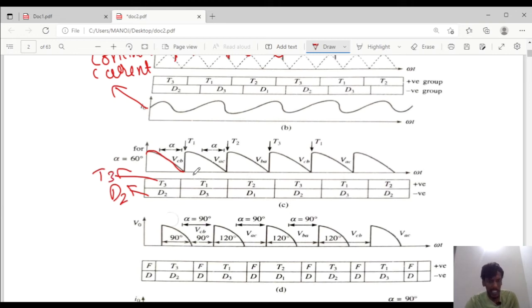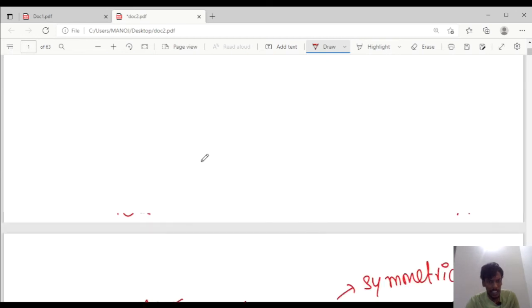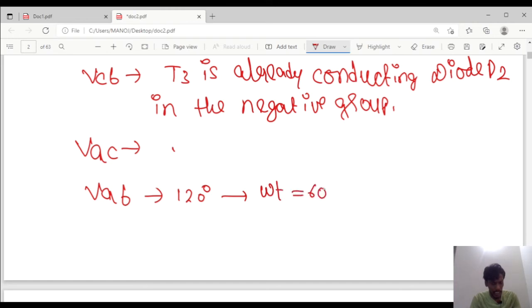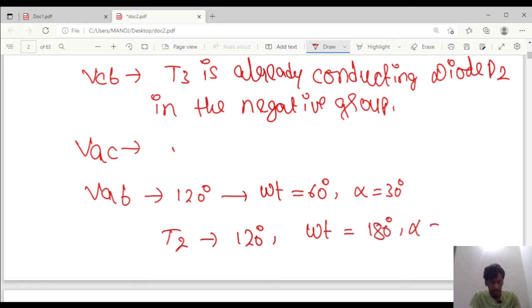Next we will consider VAC. For VAB, if we consider 120 degrees, at omega t equal to 60 degrees and alpha equal to 30 degrees it will conduct, and T2 will conduct for 120 degrees, and for omega t equal to 180 degrees and alpha equal to 30 degrees.